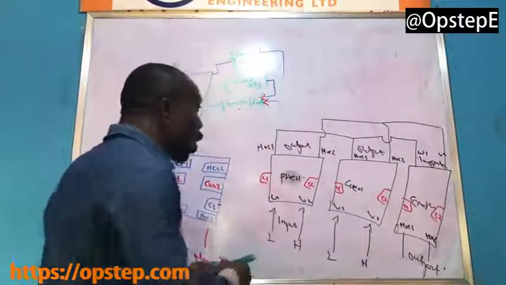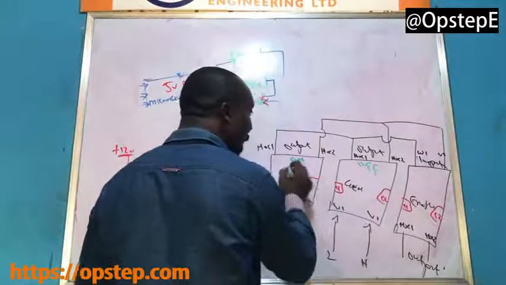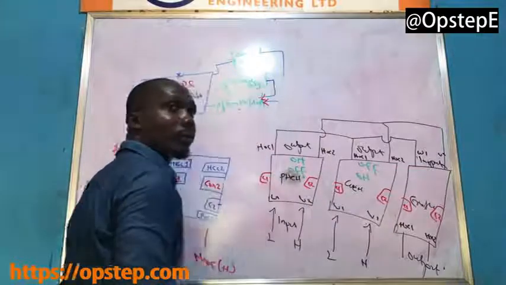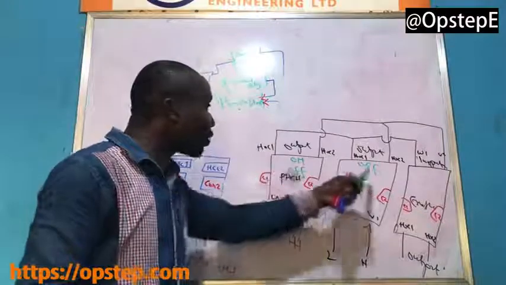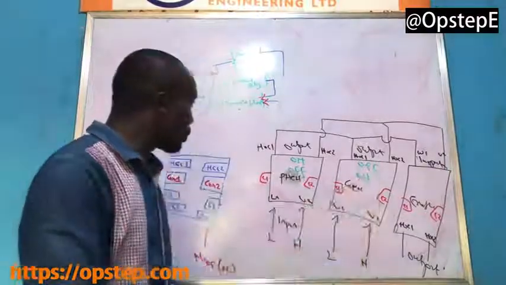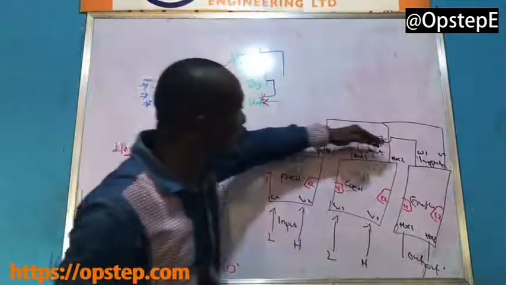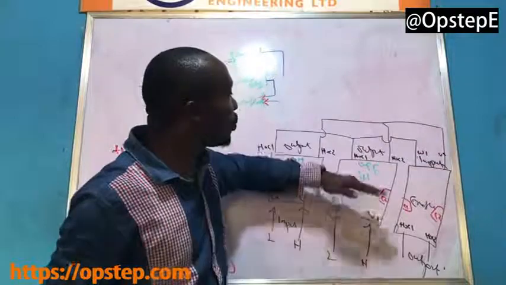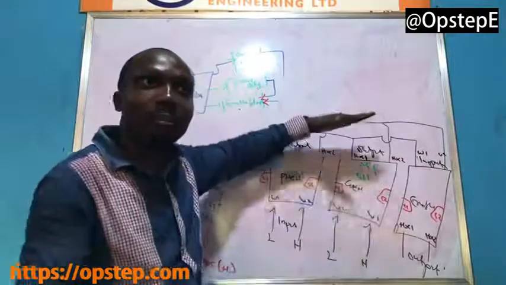That when this is on, this is off. And when this is off, this could be on. Because if this is on and this is off, this is what happens. The NEPA voltage that your supply is available here, but it's also seen here and seen here. But because there's an isolation between the normally open contact and the wiper, they don't jump.